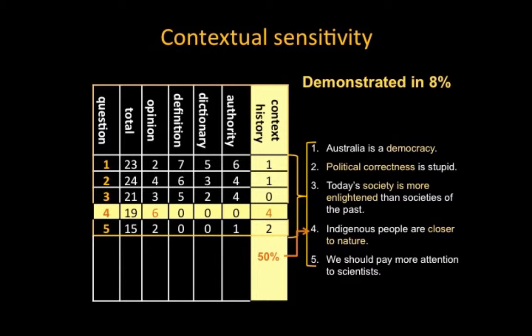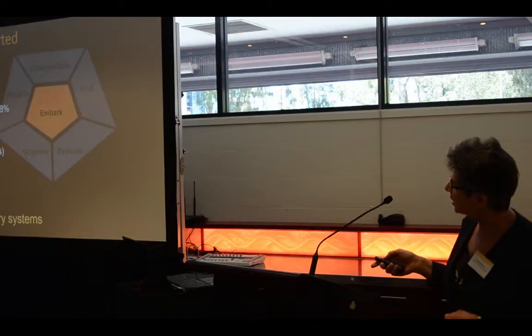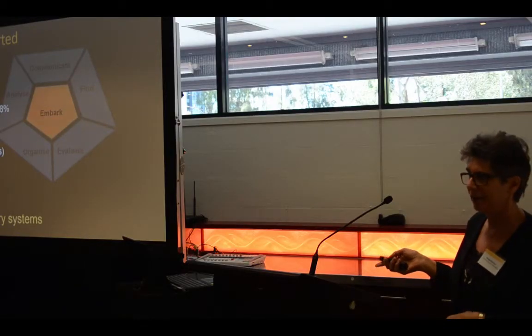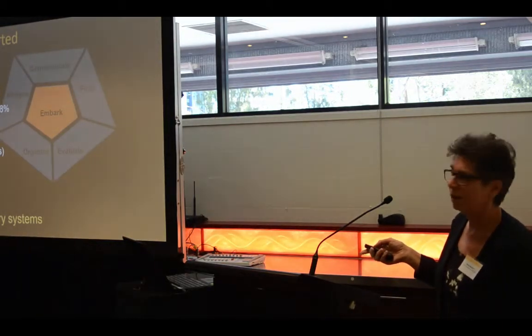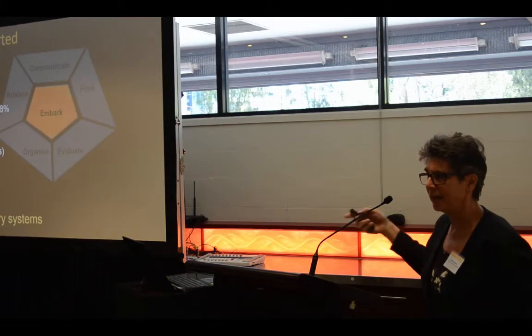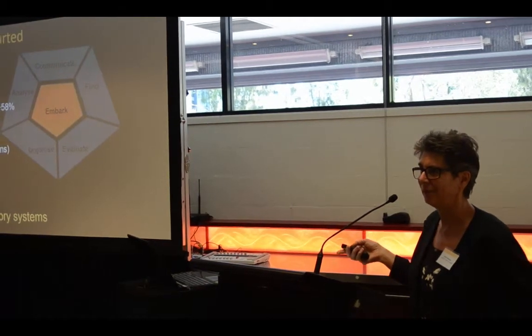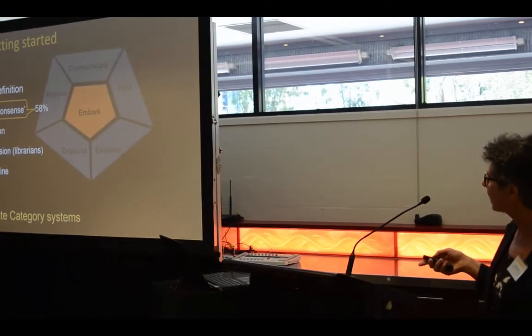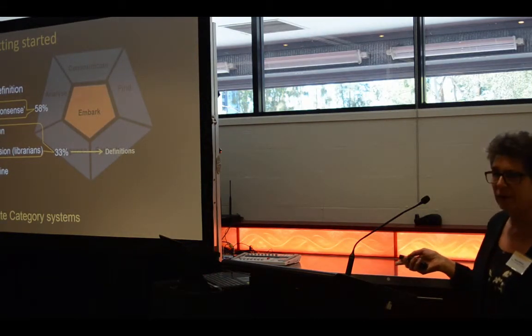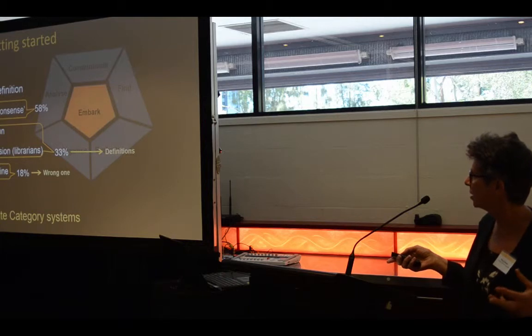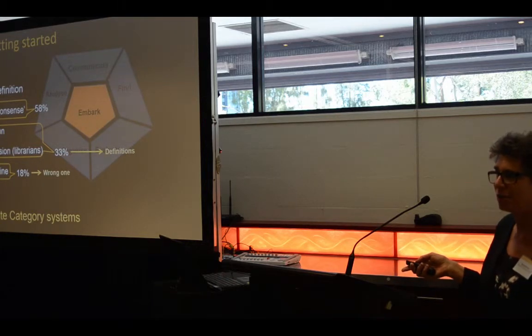So that didn't seem to be the issue. So in terms of getting started, 58% relied on things like their previous opinion or dictionaries that are basically folk theoretic common sense understanding. And 33% relied on definitions, not always from the right source.